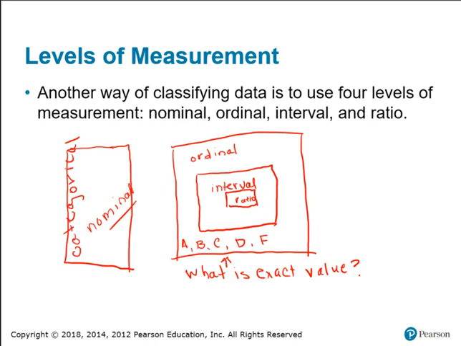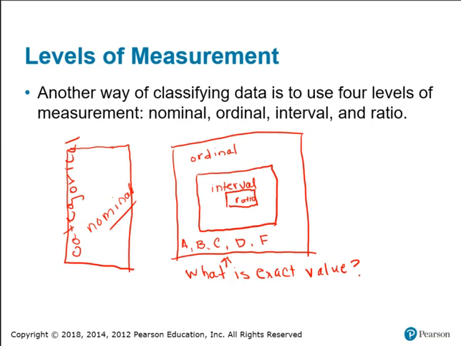They're nonsensical. Okay? Interval, you actually have set values, but you wind up not having some kind of absolute zero, right? So in the case of, say, the temperature outside, you have a high and you have a low, the warmest it gets during the day and the coolest it gets during the day.